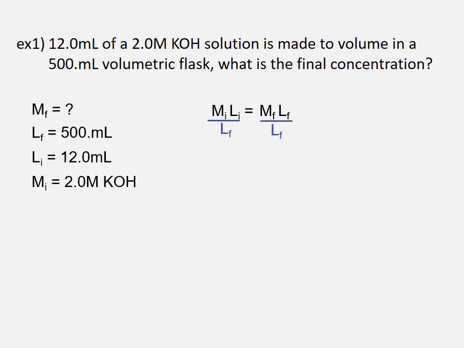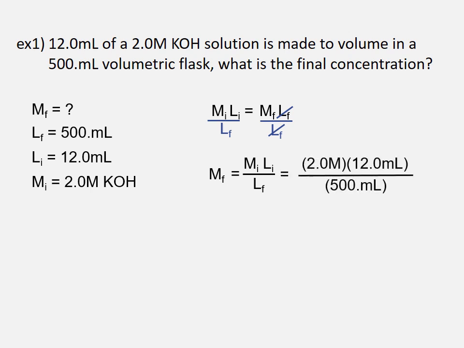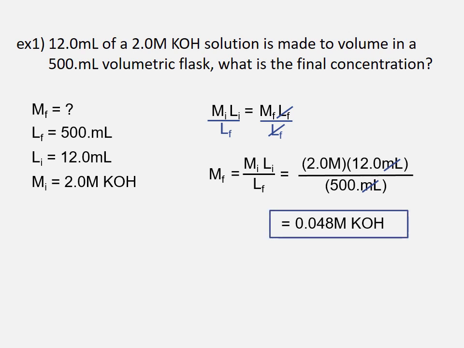The Lf on the right-hand side will factor out, and that means that Mf equals Mi times Li over Lf. Now I sub my numbers in, run it through my calculator, and solve. I have 2 sig figs, 3 sig figs, and 3 significant figures, so that means my answer is only allowed to have 2 significant figures, so 0.048 molar KOH is my answer.